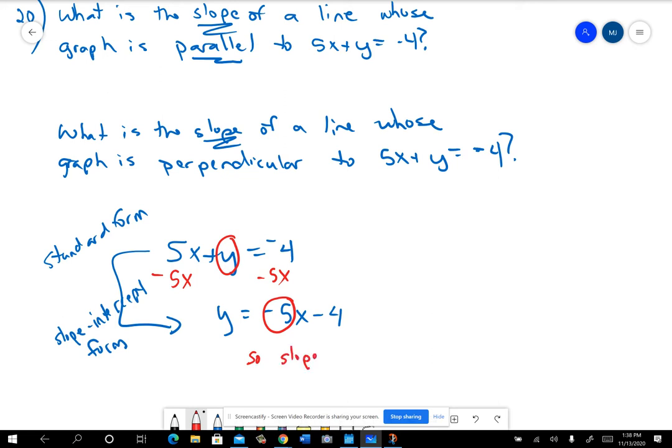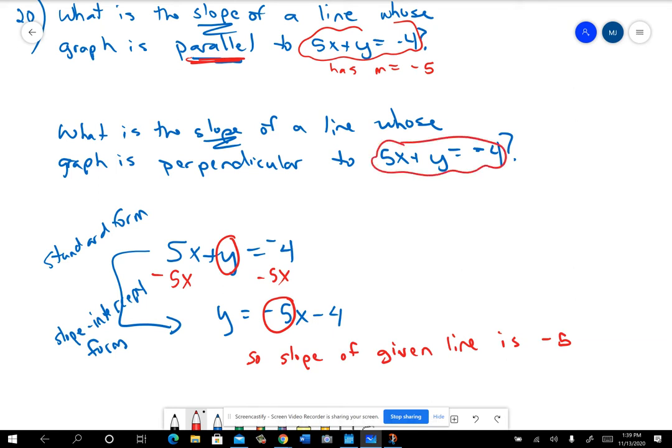So the slope of the given line is -5. Okay, so now you want to go back and say, the given line has m equaling -5 once you rearrange things.